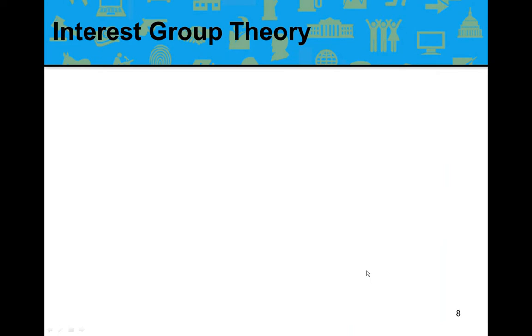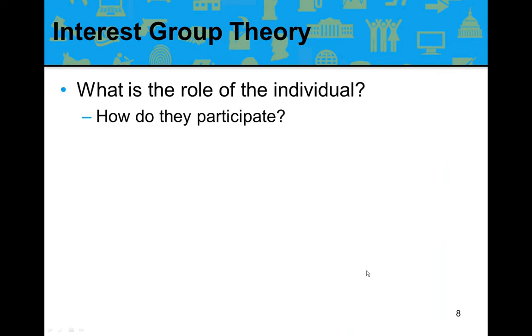All right. I want to say a few things about interest group theory. Okay. If we think about what the role of an interest group is today, think about how individuals participate in politics. What is the role of the individual? How do they participate? They tend to participate in the voting booth, and we'll talk a little bit about that at the end of next lecture, but the role of the individual in politics is basically through voting, and they vote a lot.